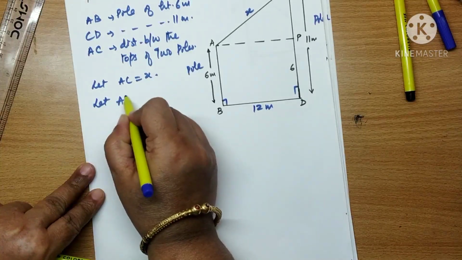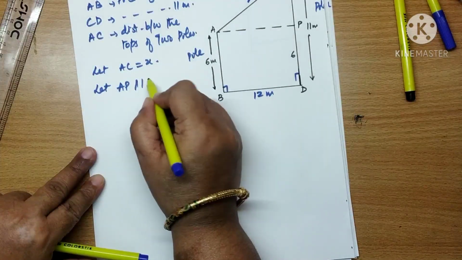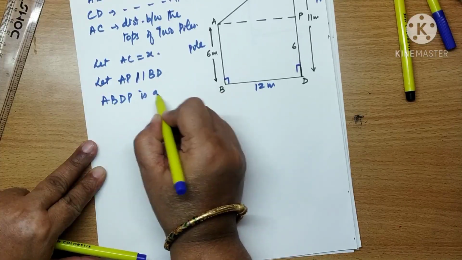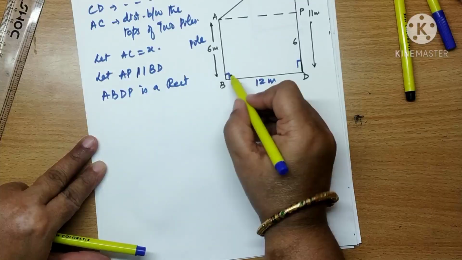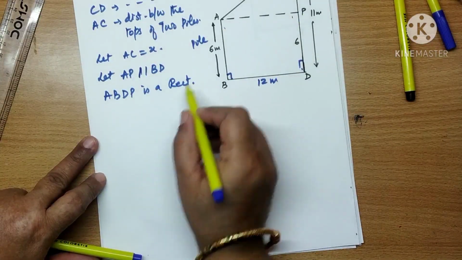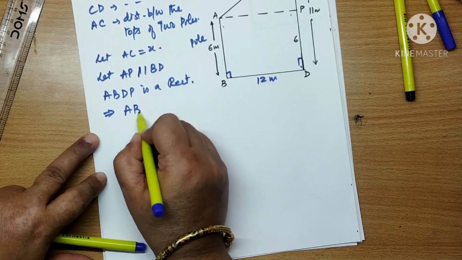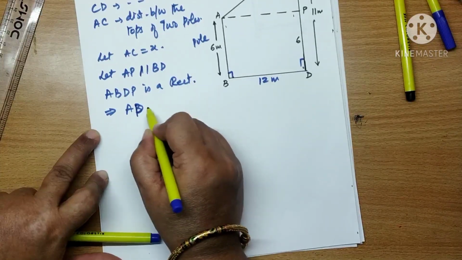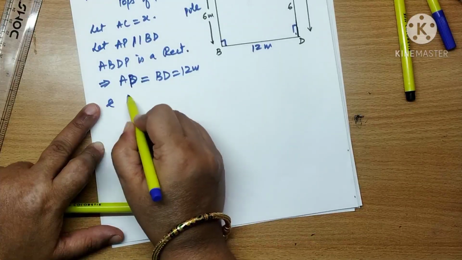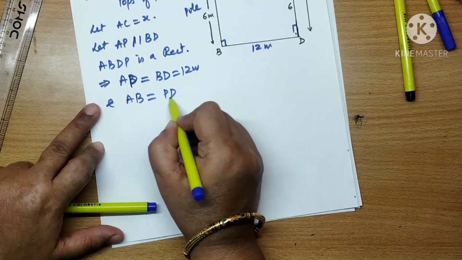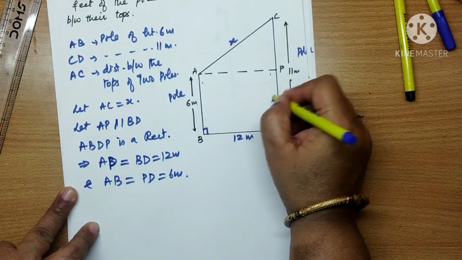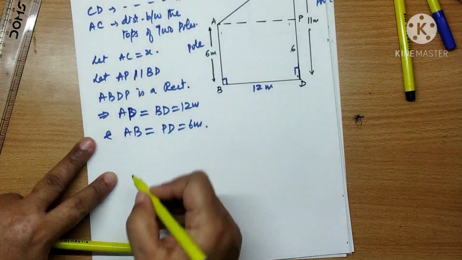Now let AP be parallel to BD. So ABDP is a rectangle because these angles are 90, 90, so these angles will also be 90. You can simply write this as a rectangle. This implies AP is equal to BD equal to 12 meter and AB is equal to PD equal to 6 meter. Now CD was 11, this is 6, so obviously this is 5.